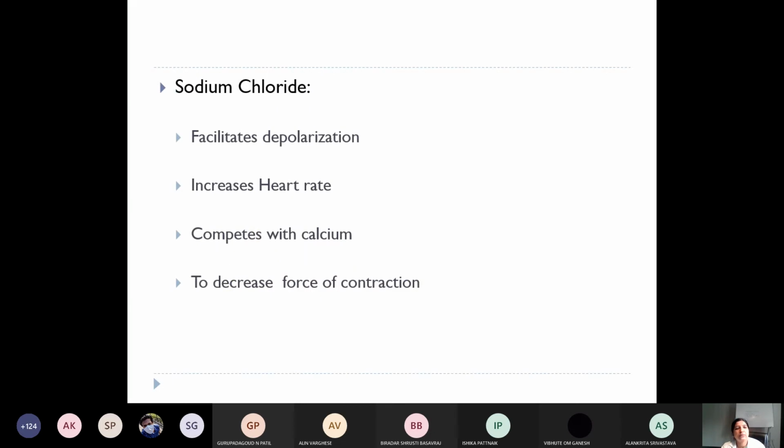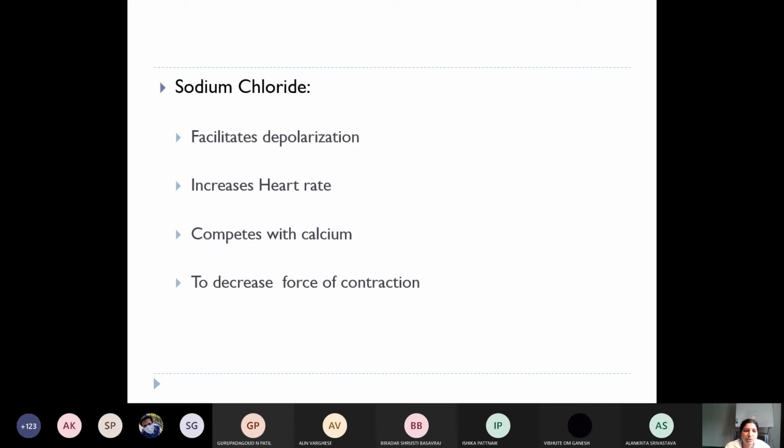Then sodium chloride. What happens when we apply sodium chloride is, it facilitates depolarization. All of us know the sodium and potassium channels and their function. They are responsible for depolarization. So it enhances the depolarization of the myocyte. So it increases the heart rate, and it competes with calcium. Meaning, in the binding of sodium and calcium, there is competition between both of them.